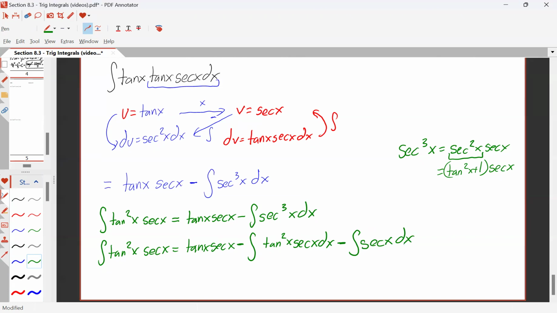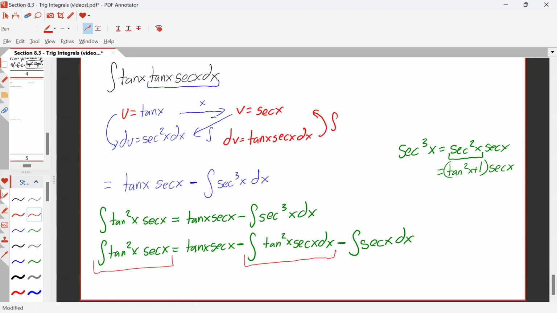And the reason for doing this is similar to that integration by parts example of e to the x times sine x. We have the same integral we're trying to find showing up on the side of what this is equal to.